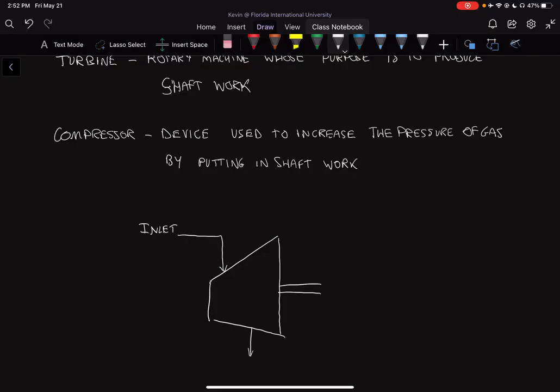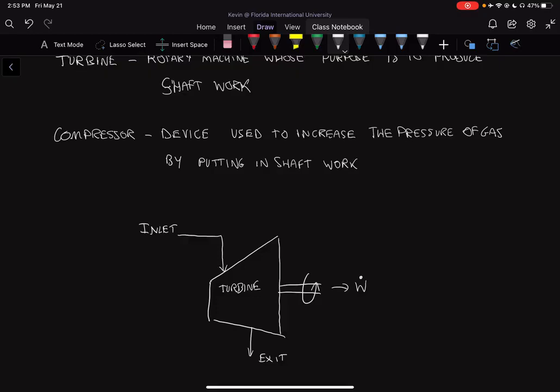We usually have an exit at the bottom. The gas going through this turbine starts rotating the shaft, and we get some power out of the shaft, or some work per second, essentially.